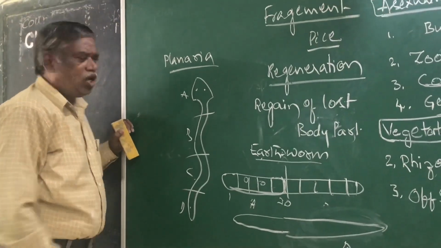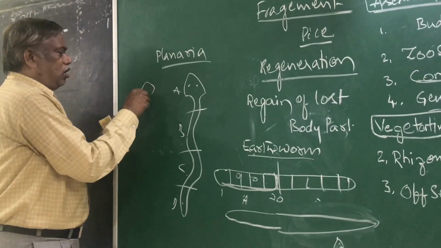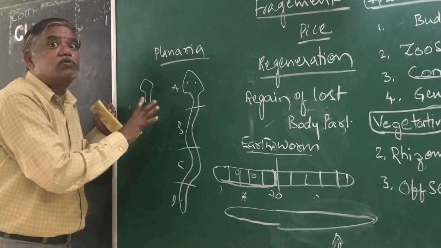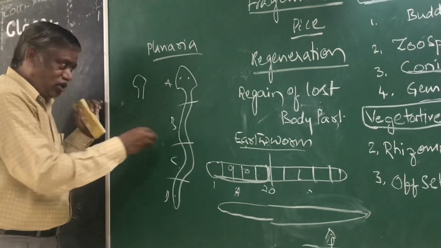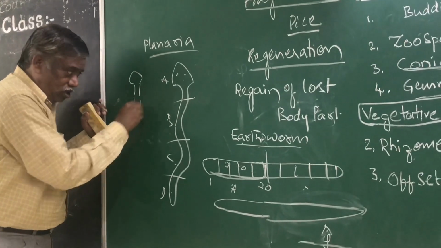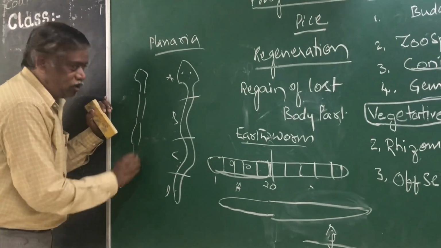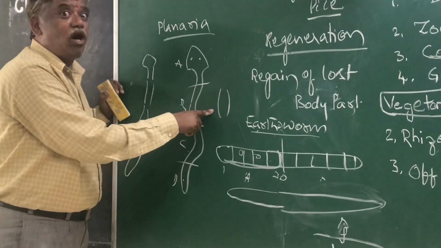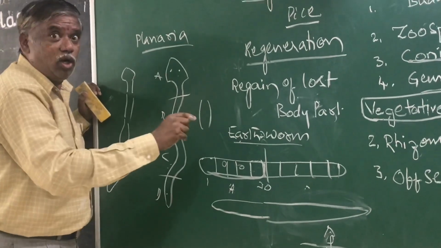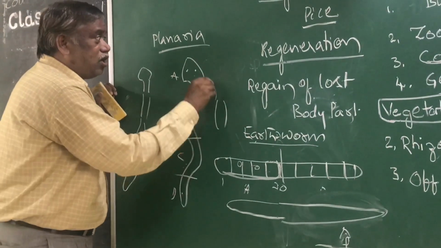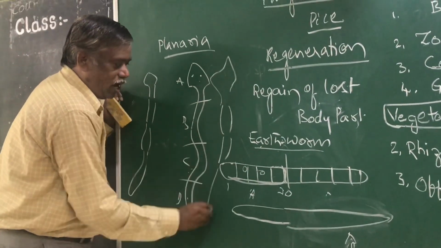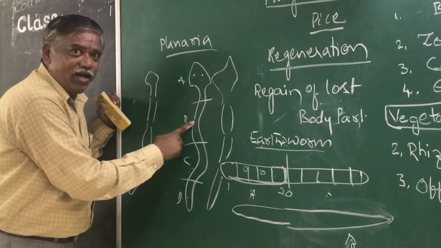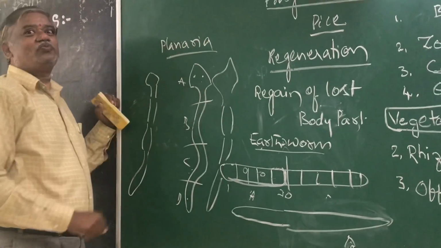That means A, a small piece, a fragment, regains the total body, B, C and D. B also, a small body part, regenerates A, C and D. Like this, one planaria becomes 4.